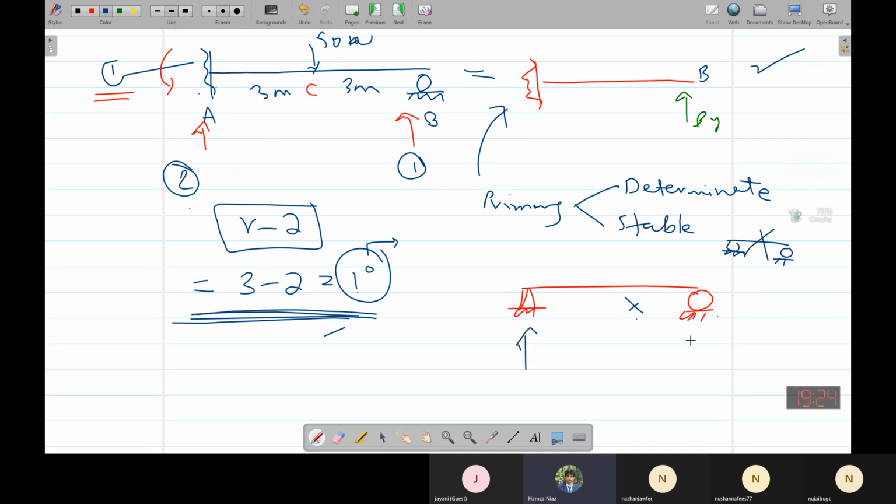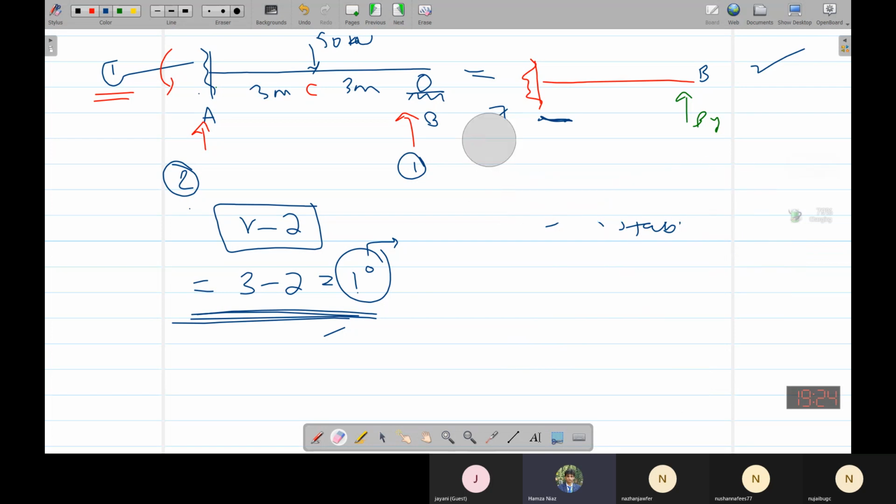We have to calculate its traction first. In this case, we don't have to calculate traction at all. Both of them will work, but it is preferable that you use the first one. So we have resolved it into a primary structure.